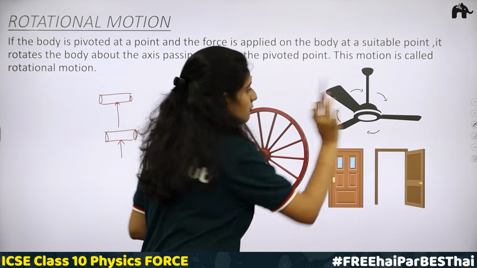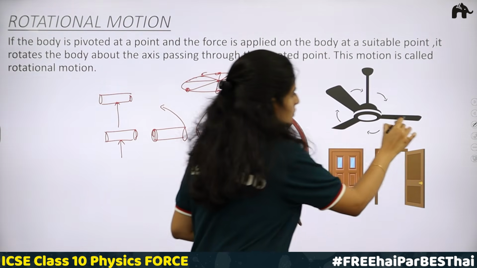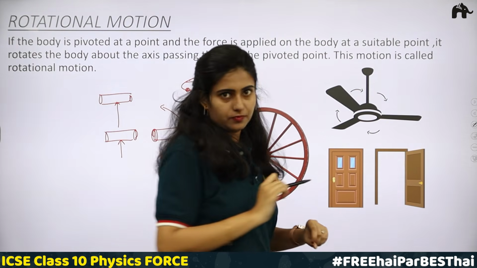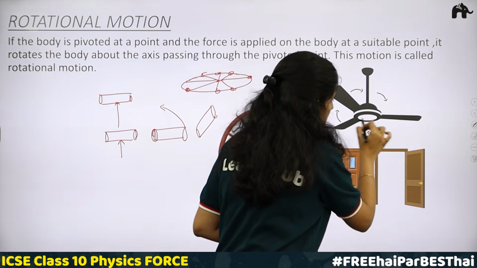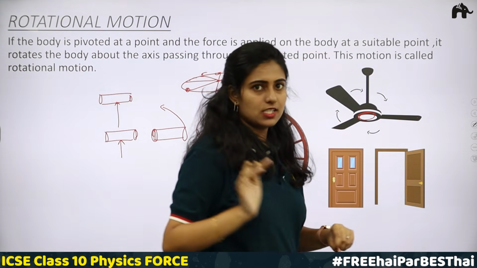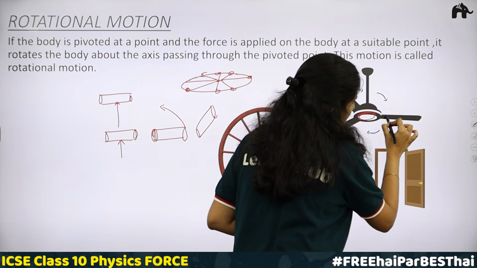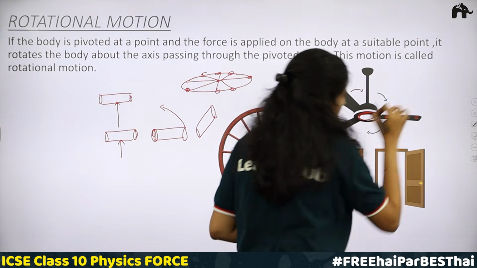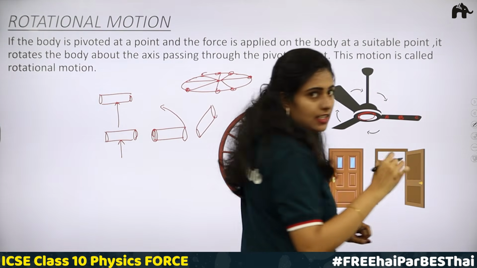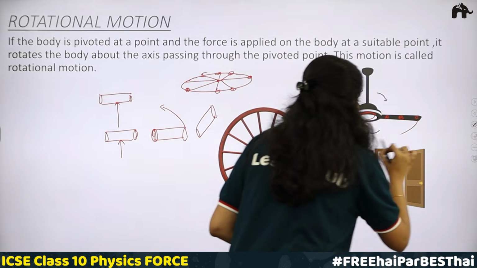Next, take the case of a fan. In the case of a fan, the wings are moving in a rotational motion. Initially it was here. So this point is the pivoted point. With respect to this point, it is moving. Now just imagine, we have A, B, C, 3 points taken. The particles which are at C will be moving longer distances.